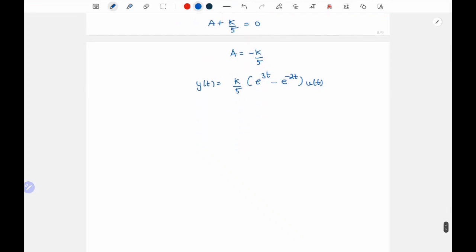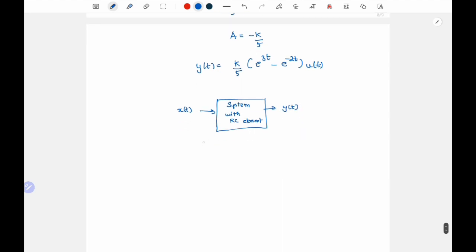So if you have some system with RC elements and you have x of t as input and y of t as output, in general, we'll have a relation like this.